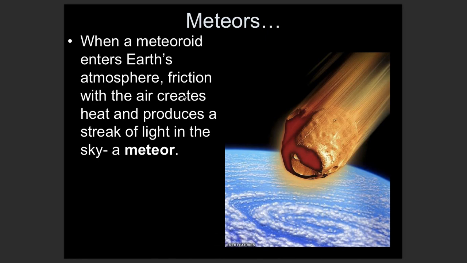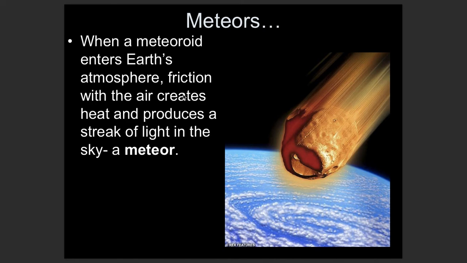Meteors, right? So what is a meteor then, you might ask yourself. Well, when a meteoroid enters the Earth's atmosphere, friction within the air creates heat and produces a streak of light in the sky. This is what is known as a meteor.